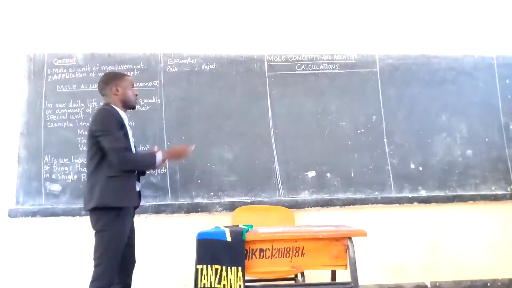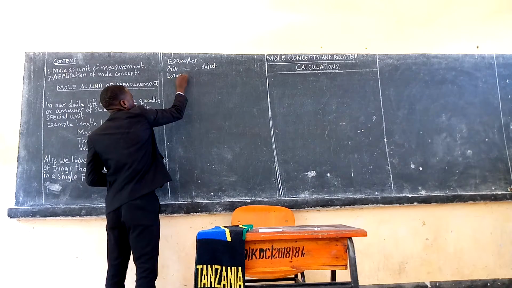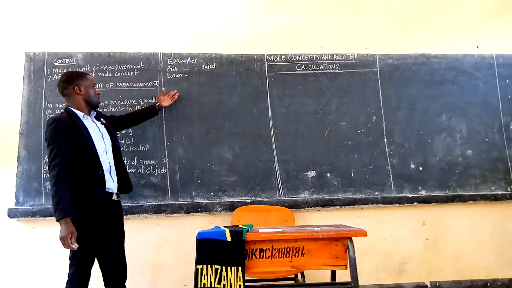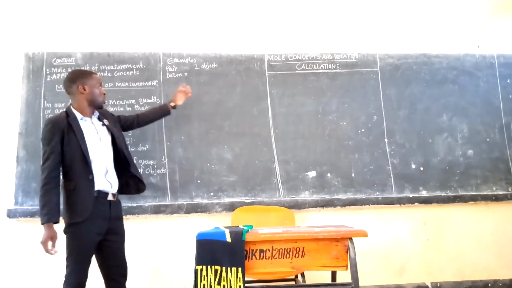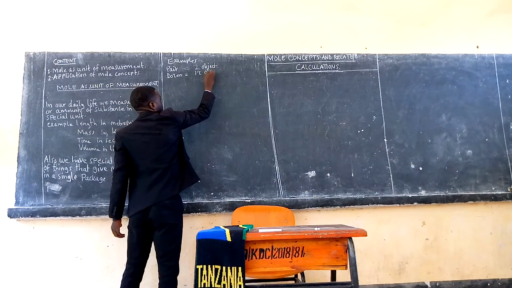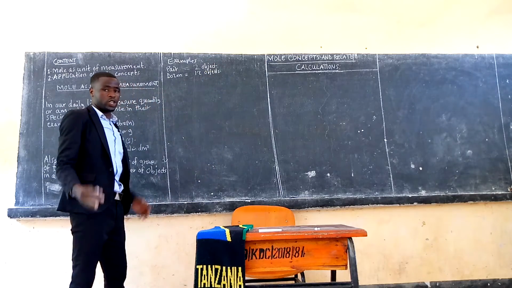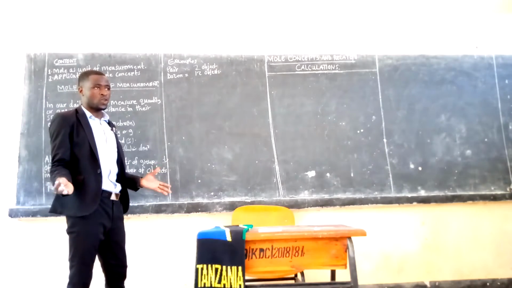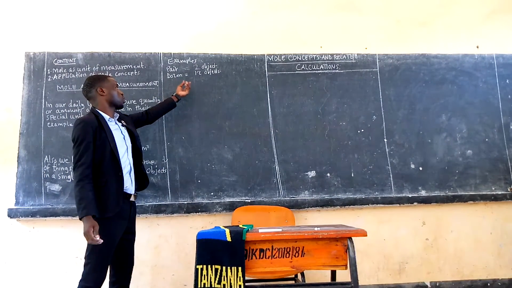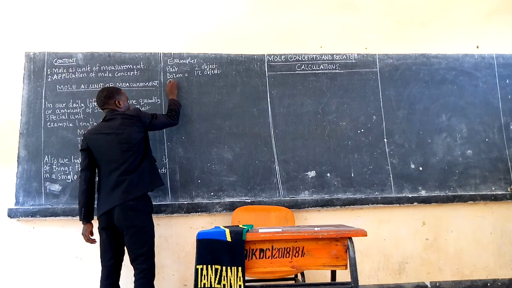And also we have dozen. Dozen is a special unit in which a single package consists of 12 objects. For example, a dozen of exercise books. When we talk about a dozen, we mean a single package which consists of 12 objects. Also we have a gross.